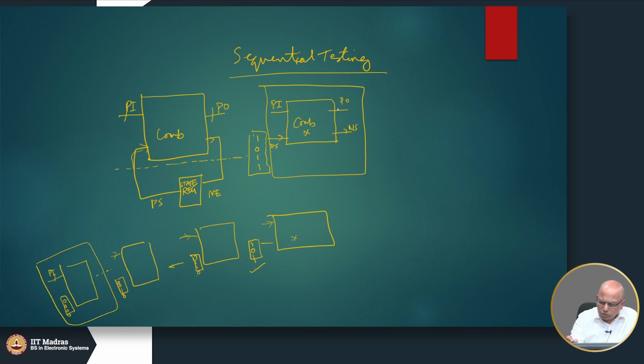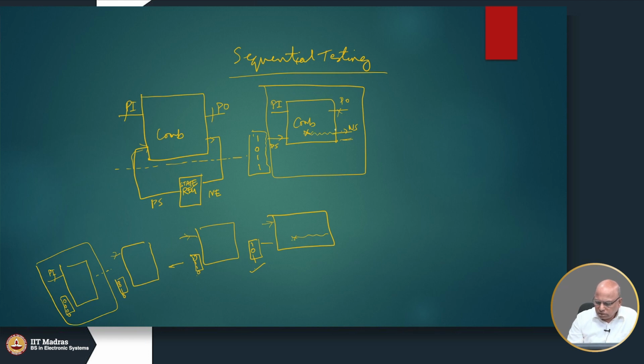If you are lucky, it will go to one of these POs, okay. But unfortunately, it may go to one of these, okay. It may not go to the primary output. See, here we have assumed that this is also a primary output. So, the propagation of the fault may happen to one of these.